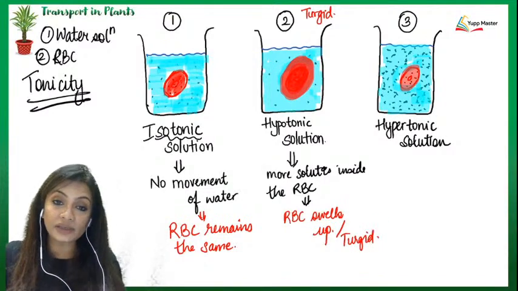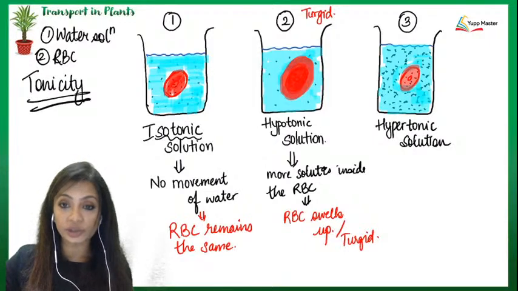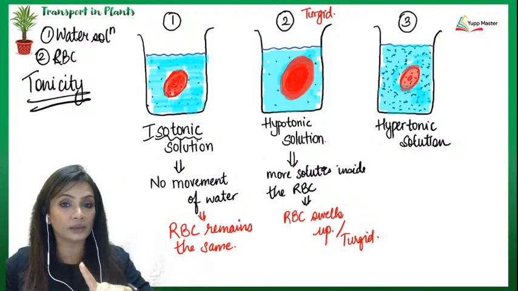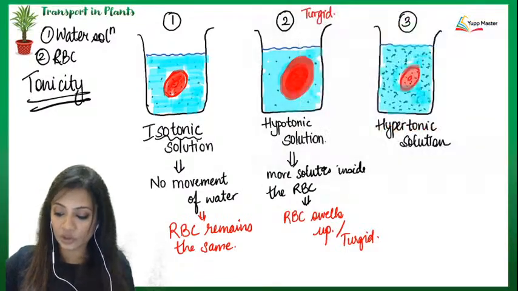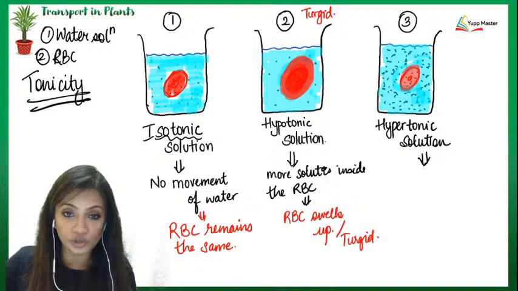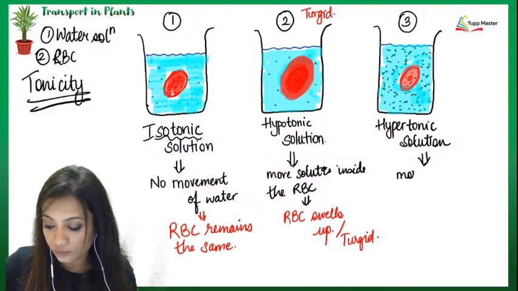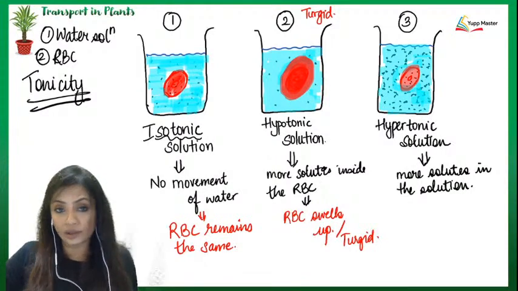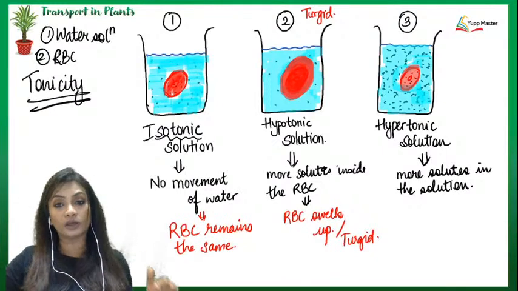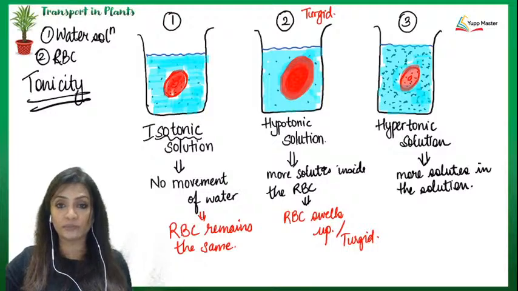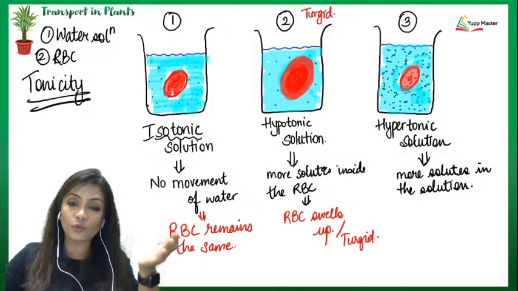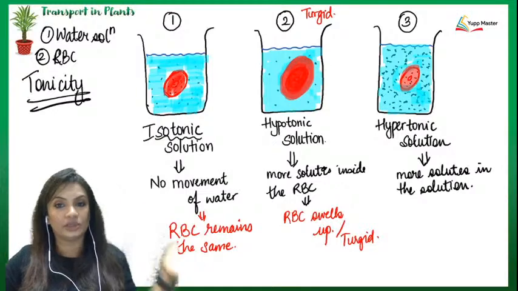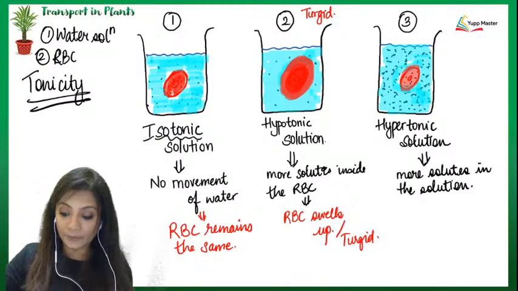When we talk about the next solution, that is a hypertonic solution. What happens here? Remember, hypertonic solution means that there are going to be more solutes in the solution. So what's going to happen? Water is going to go, irrespective of anything, to the area where there are more solutes. So naturally, water will be going from inside the RBC into the water solution. So what happens to the RBC?